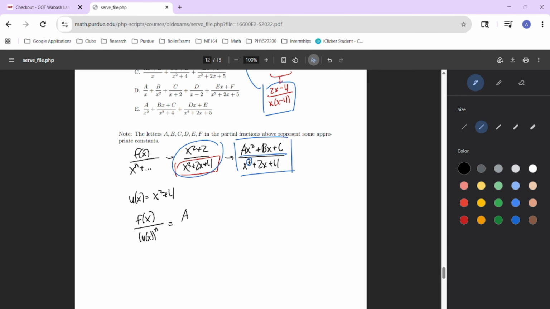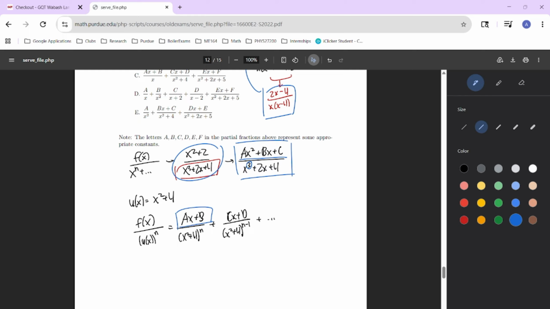This would be ax plus b over x squared plus 4 to the n, plus cx plus d over x squared plus 4 to the n minus 1, plus so on and so forth. And the reason we can do this is our general solution at the top only has to have a degree 1 less than the highest degree inside of that parentheses unit.